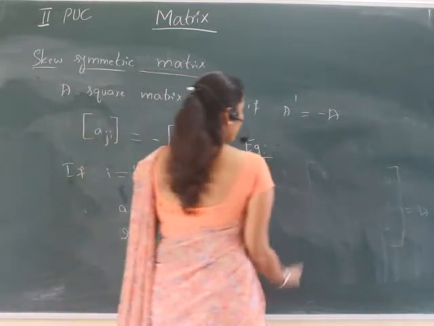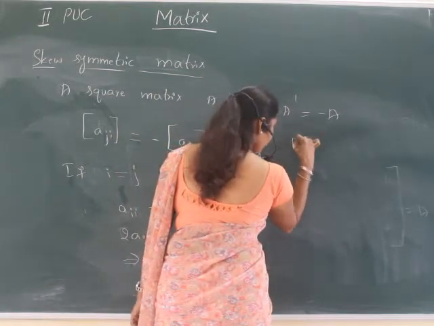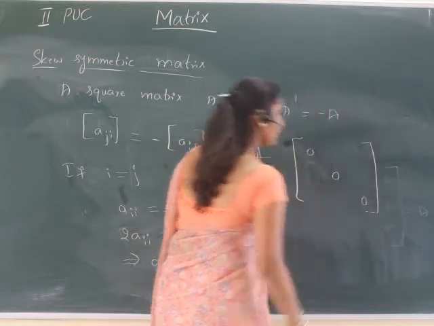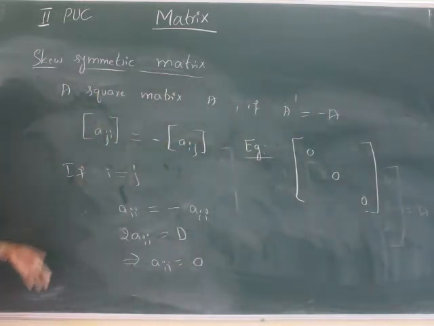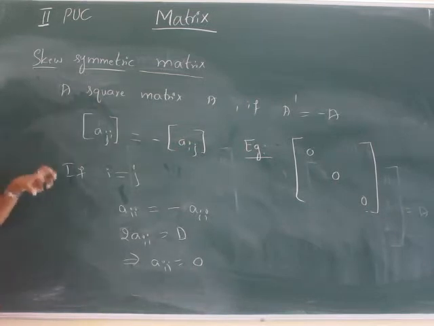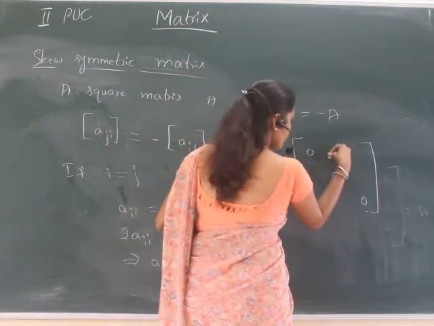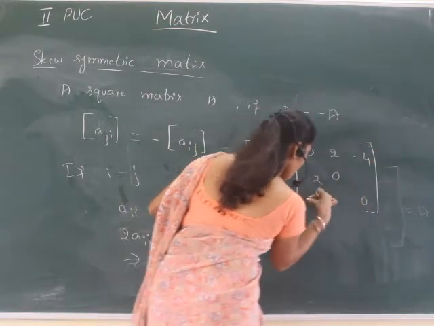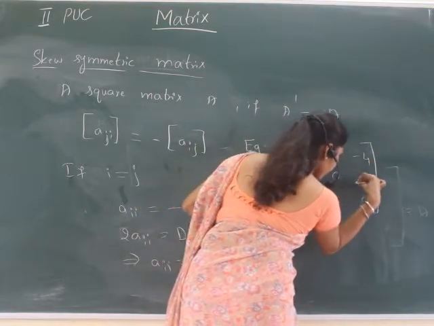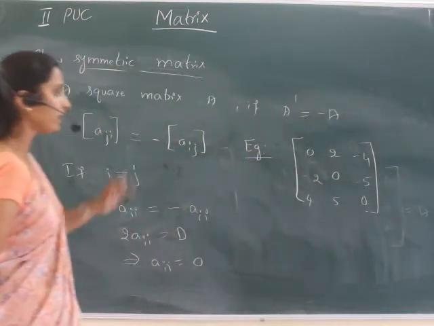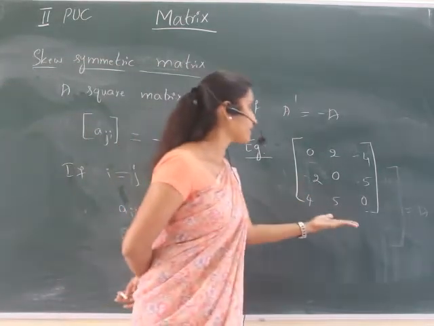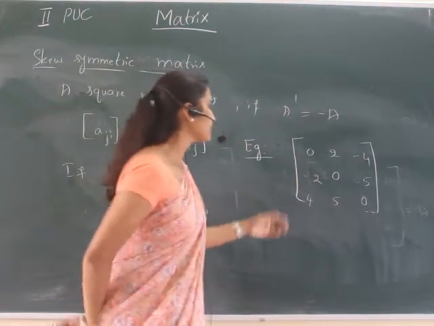So I'll take those elements as zeros, and when we get A transpose is minus A, in that way I have to take the other elements. So if I take this as 2, I have taken one example considering the principal diagonal elements are zeros, and other than these I have taken it as A.